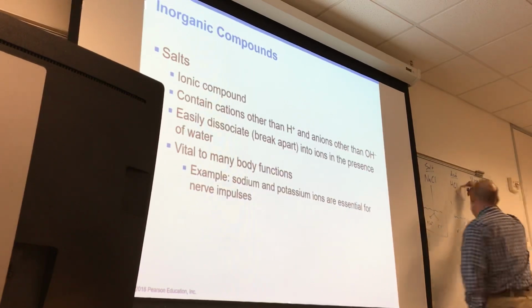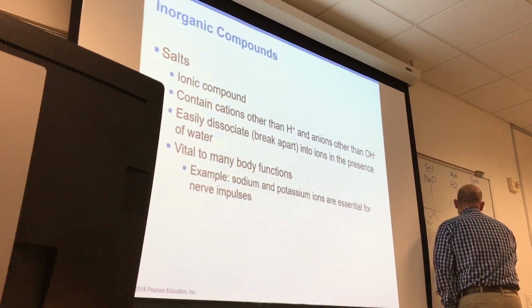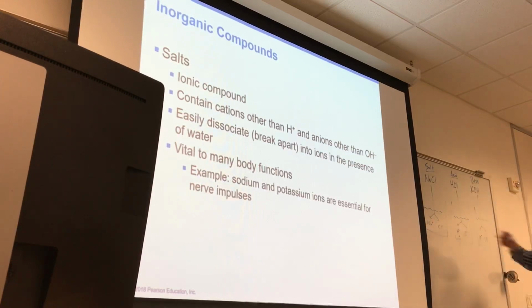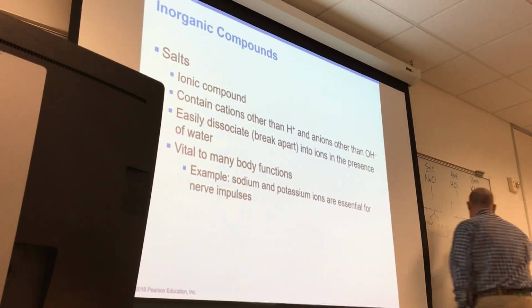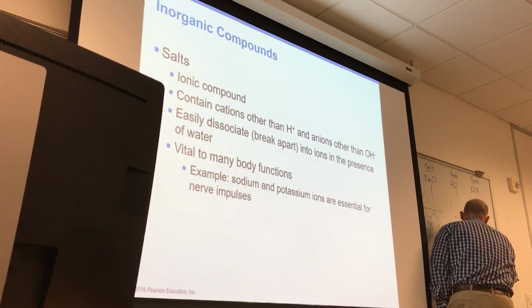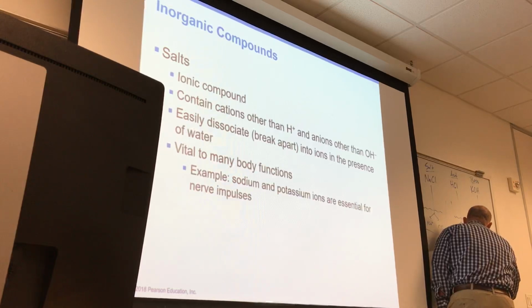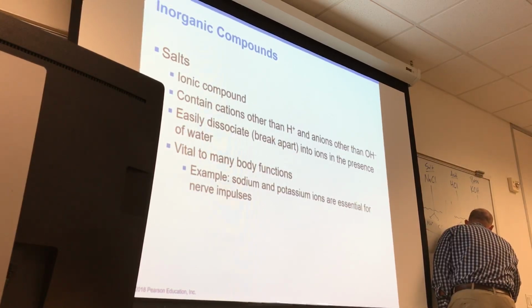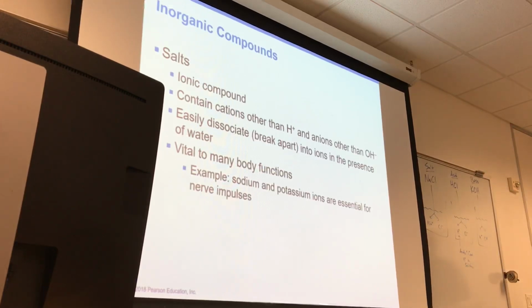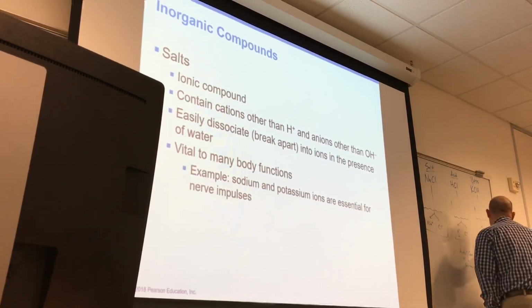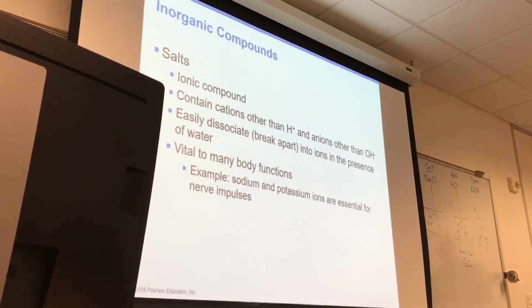If you dissolve some substance in water and the concentration of hydrogen ions increases, this has to be an acid. So acids are going to increase the concentration of hydrogen ions in a solution. On the contrary, if you take a substance, dissolve it in water, and it increases the concentration of hydroxyl ions, which is what OH negative is, it has to be a base.